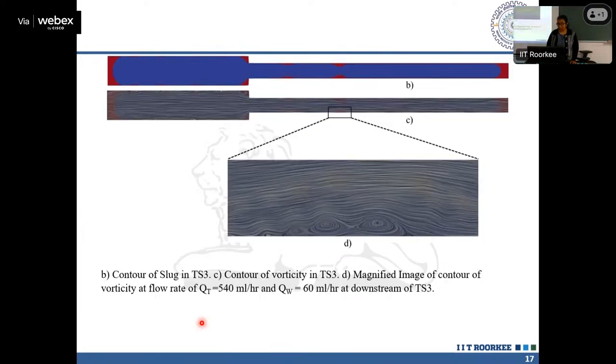Okay, now this is something interesting. We have seen that in the flow through sudden contraction, a long slug is noted.